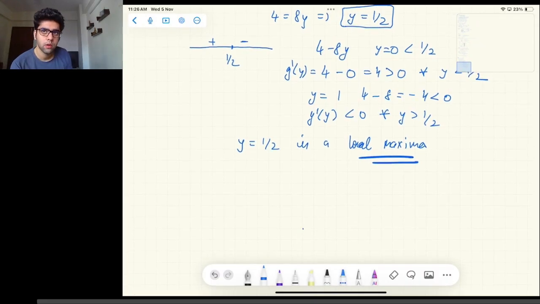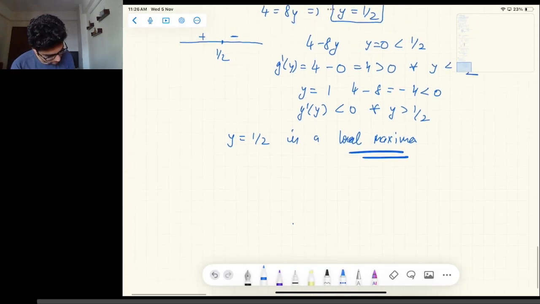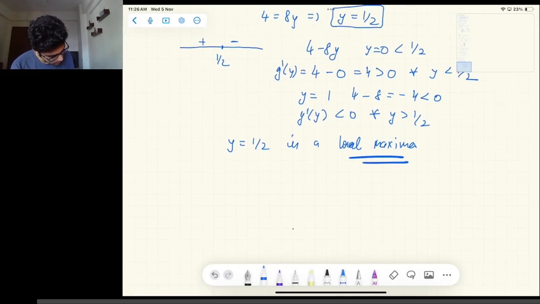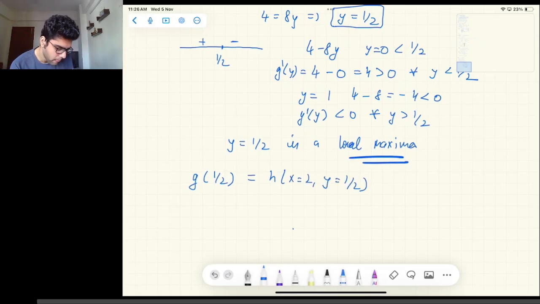And look, global implies local. So y is equal to half. Now let's check our function at y is equal to half. So I have a point g of half, which is also equal to h of x equals 2 and y equals half.